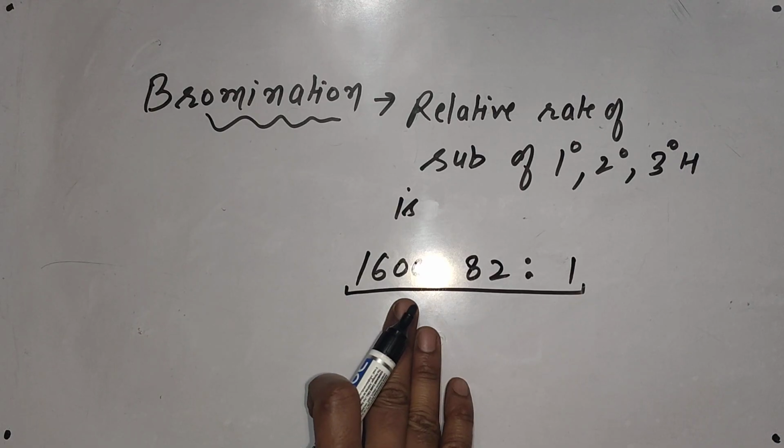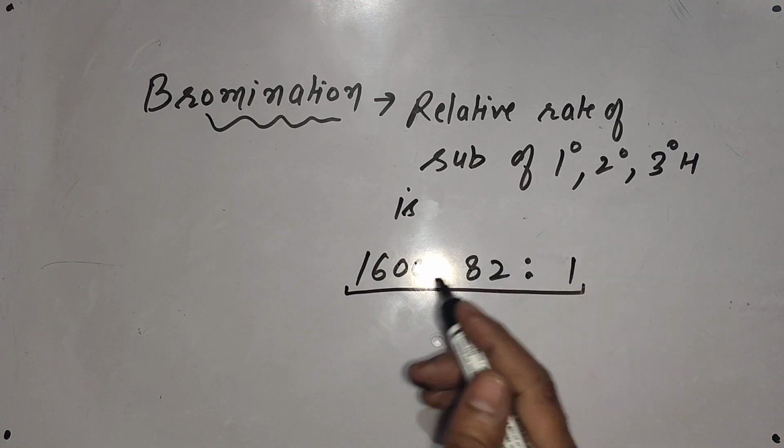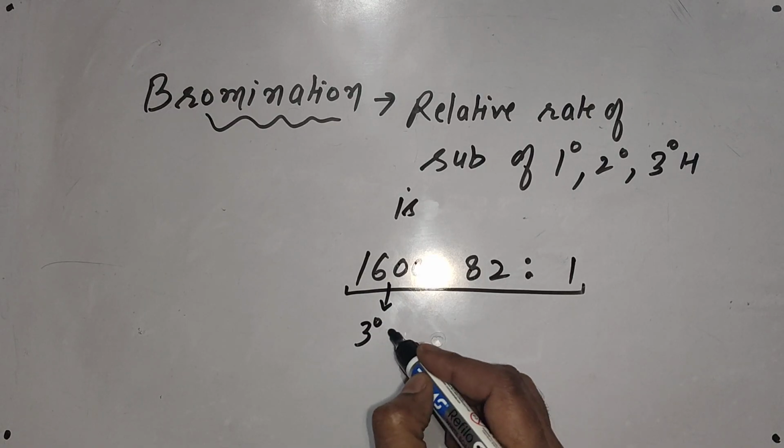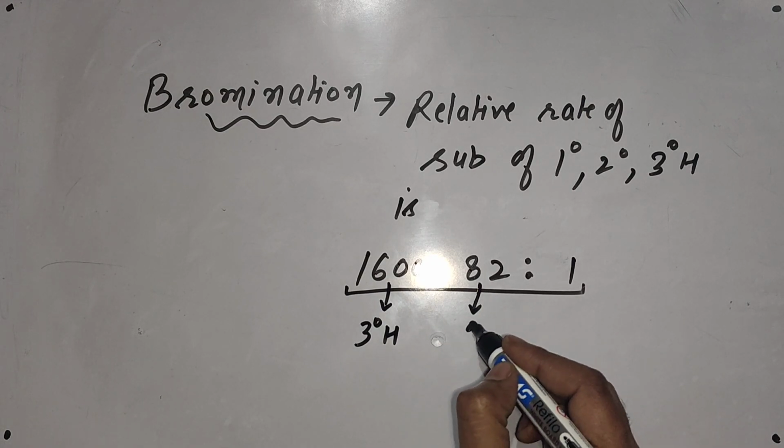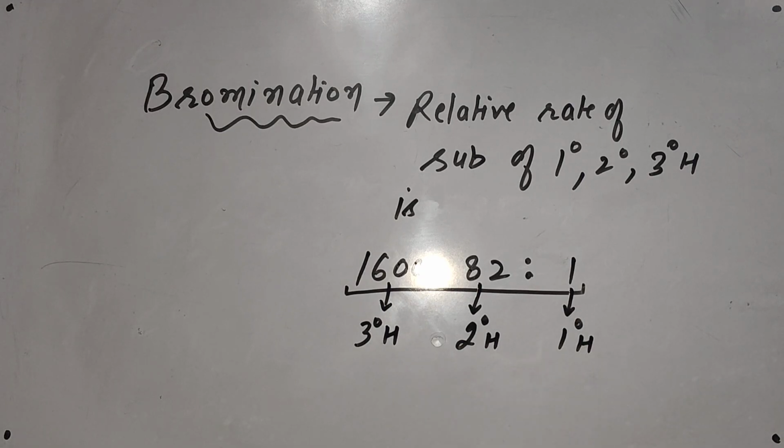This is the ratio of rate of substitution of 1 degree, 2 degree and 3 degree hydrogen. 3 degree hydrogen substitution rate, 2 degree hydrogen and 1 degree hydrogen. These ratios you have to learn in chlorination and bromination.